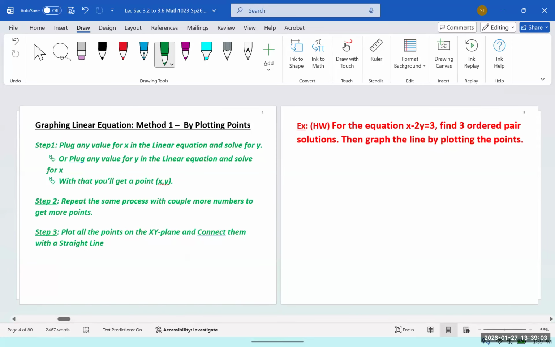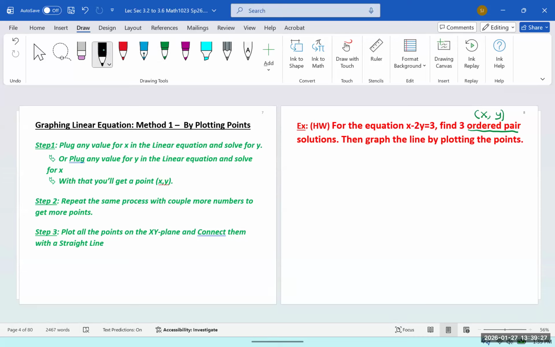So this homework question is asking for the equation x minus 2y equals 3. Find 3 ordered pairs. Ordered pair means points, x comma y. And then plot those points to graph your line. So we are given x minus 2y equals 3.